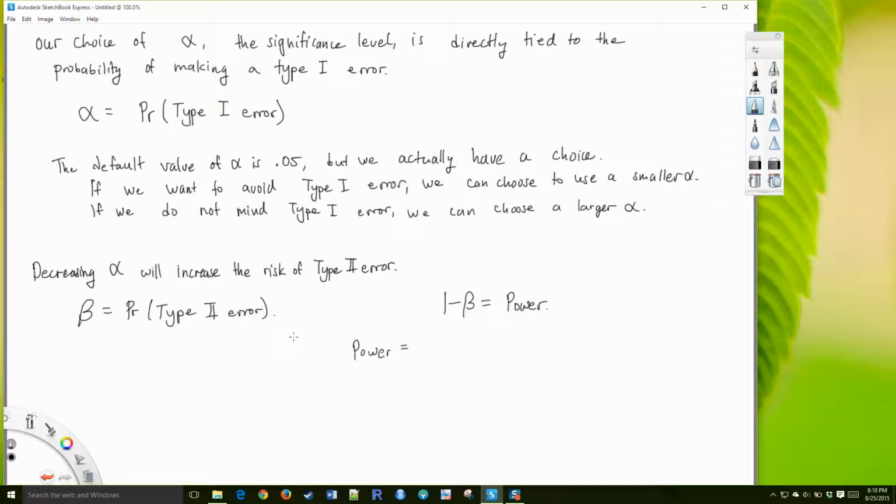So power is 1 minus beta. So power is the probability of correctly rejecting the null hypothesis when the null hypothesis is false.